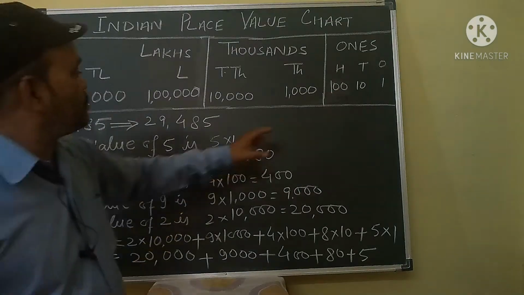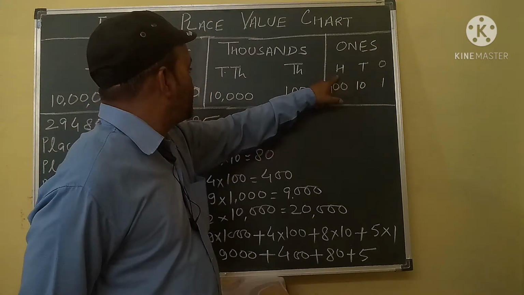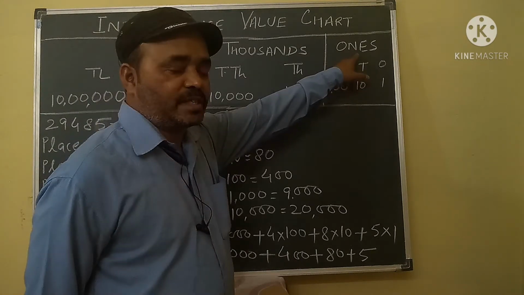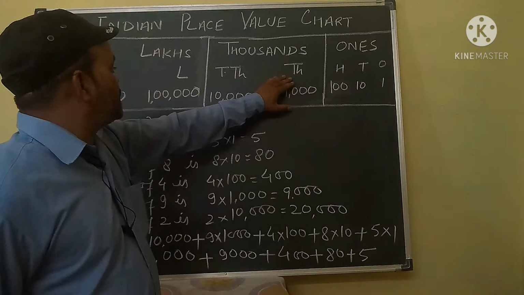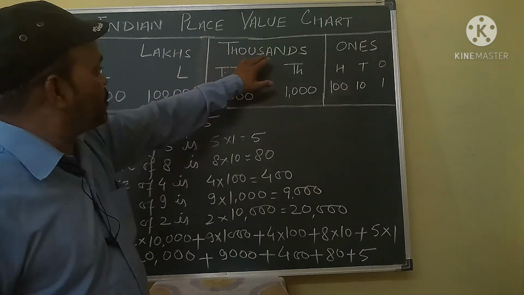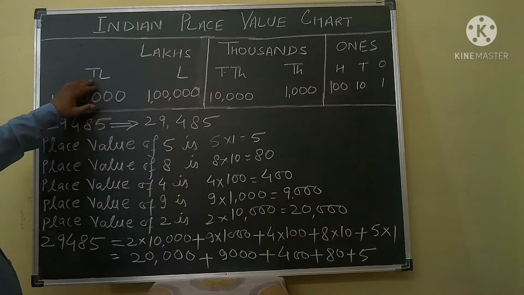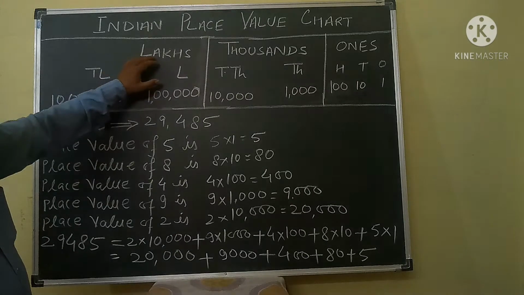Now look here, ones, tens, and hundred come in the ones group. Thousand and 10,000 come in the thousand group. Lakh and 10 lakh come in the lakhs group.